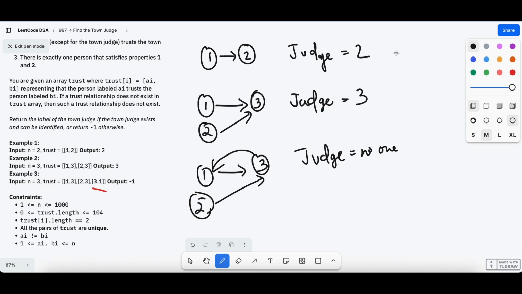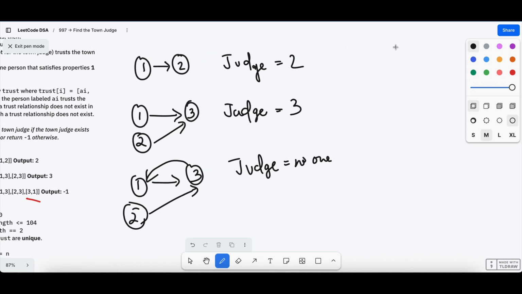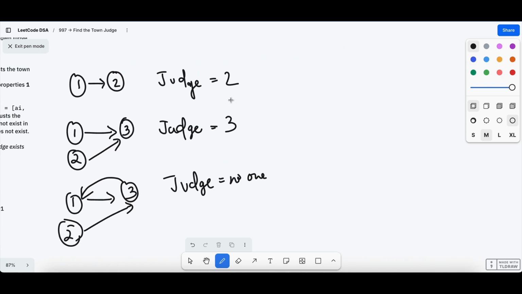So we can calculate in degree plus out degree.